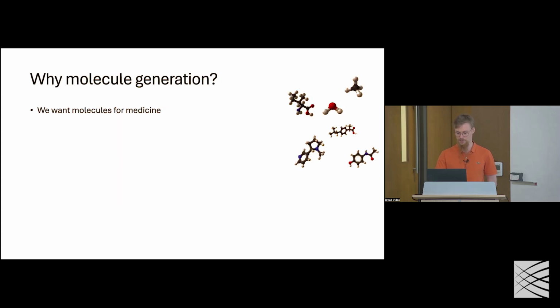Okay, so why molecule generation? So we want to make some molecules for medicine, and historically those have been found from nature, but now we can use generative models to generate an initial set that we can then in silico filter and then further filter in the wet lab.